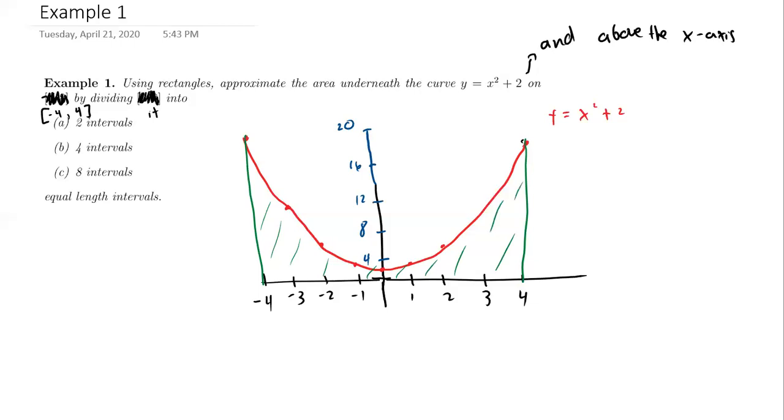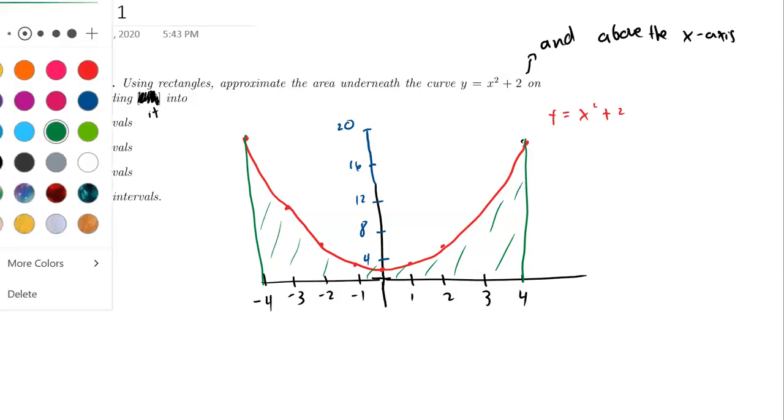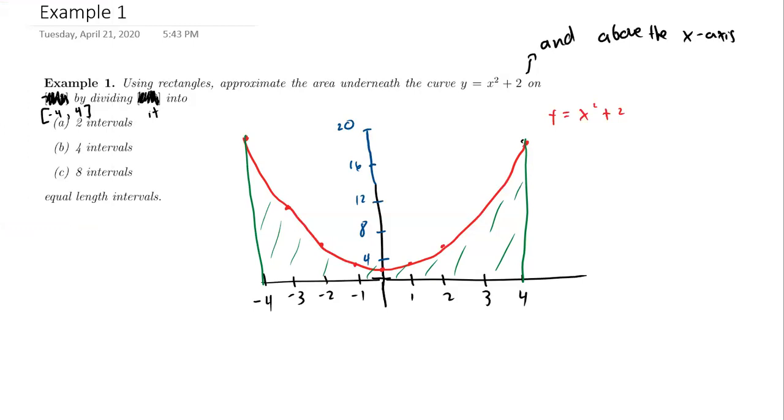Now, this is not an easy shape. If our shape were a triangle, we could use the formulas from geometry. The area of a triangle is 1/2 base times height. This is a parabola. How do we find an area like this? That's why instead of saying find the area, I'm saying approximate the area.